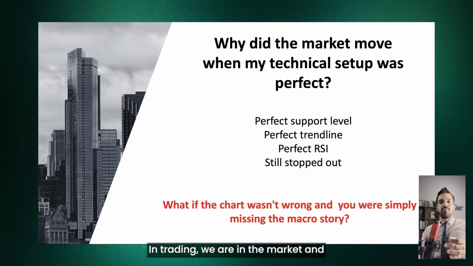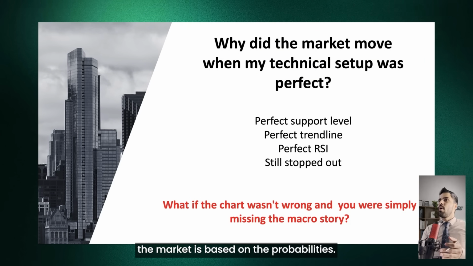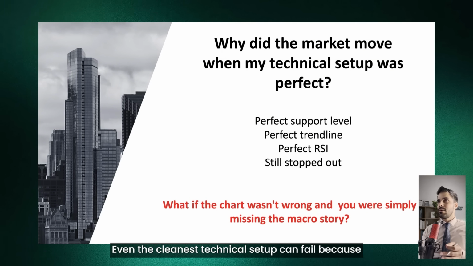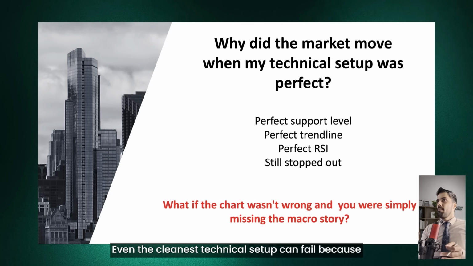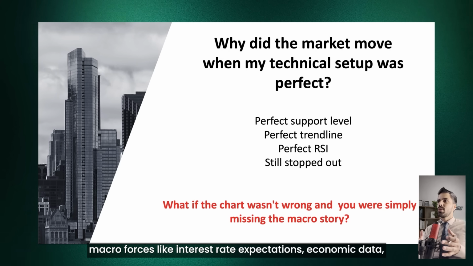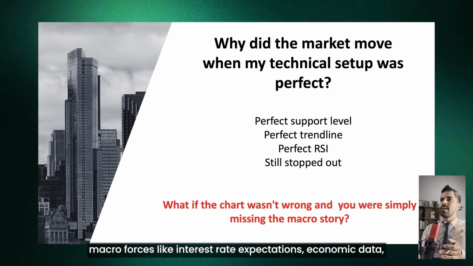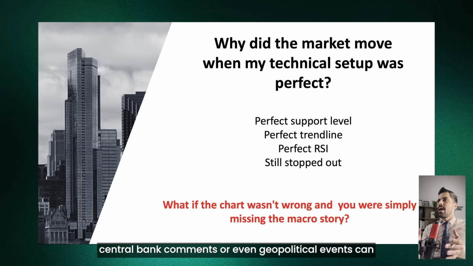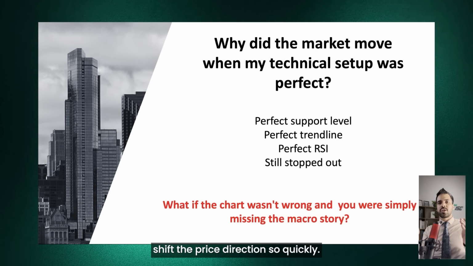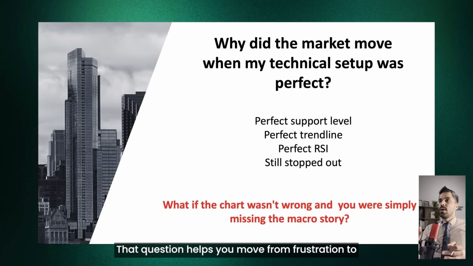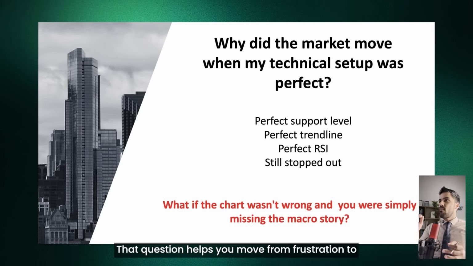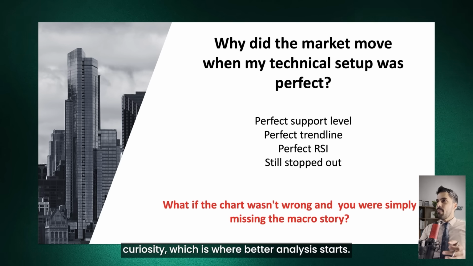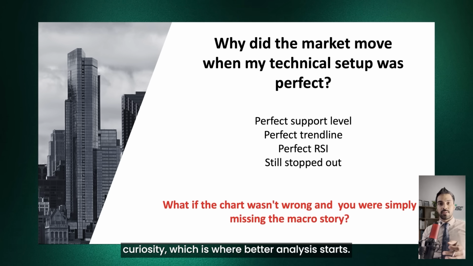In trading, we are in the market, and the market is based on probabilities. Even the cleanest technical setup can fail because macro forces like interest rate expectations, economic data, central bank comments, or even geopolitical events can shift the price direction so quickly. That question helps you move from frustration to curiosity, which is where better analysis starts.